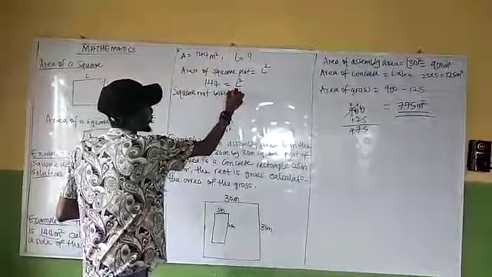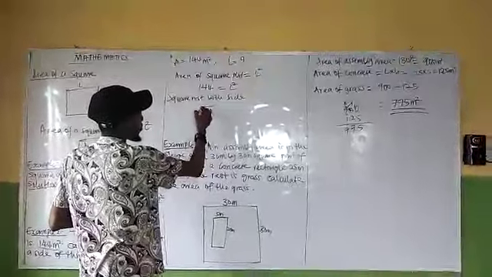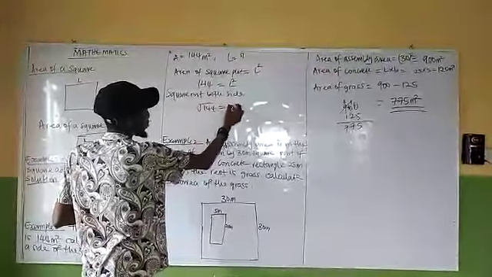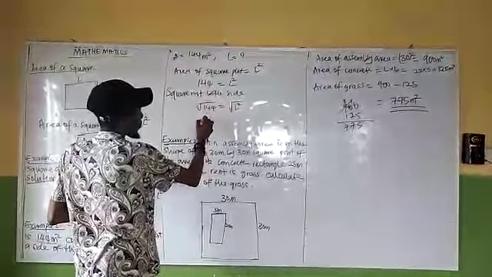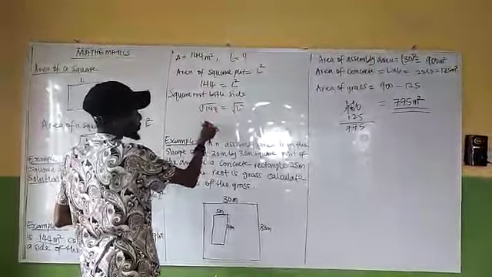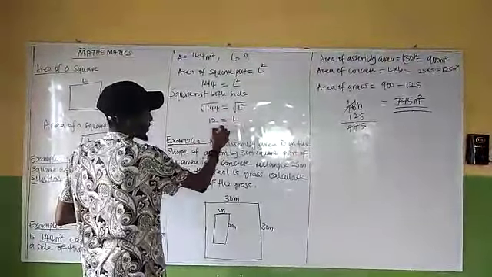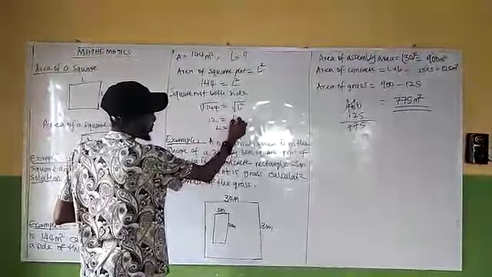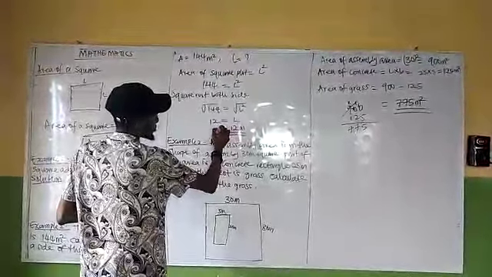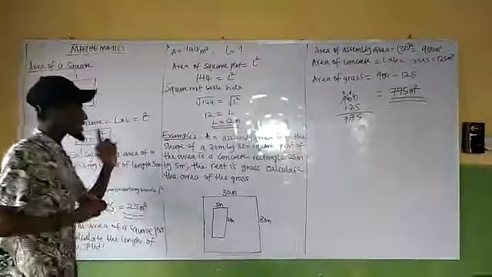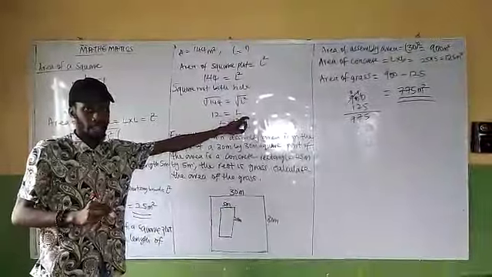So if you square root both sides, the square root of 144 gives you 12. So 12 is equal to L. L is equal to 12 meters. That's the one side they are asking for.